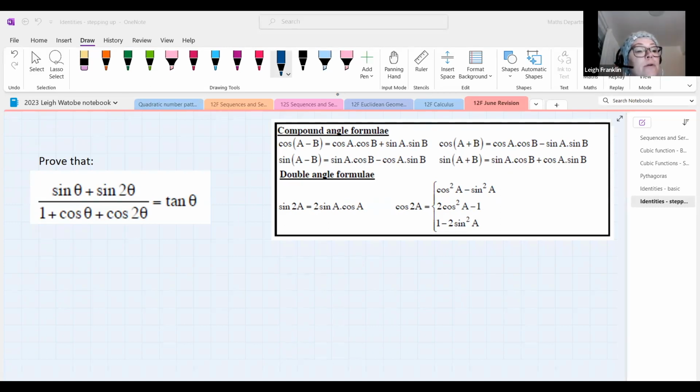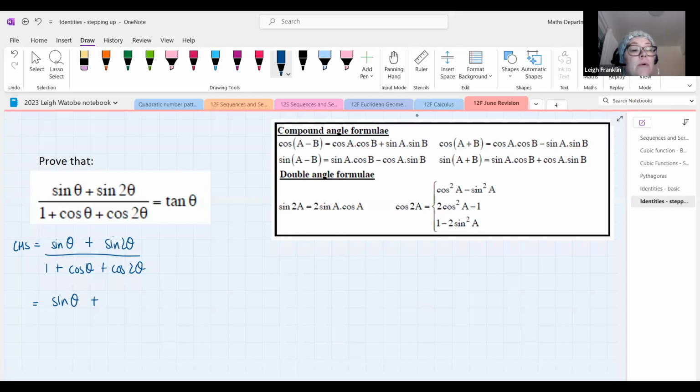Okay, so on the left-hand side, we've got sine theta plus sine 2 theta. And in the denominator, we've got our 1 plus cos theta plus cos 2 theta. So the only thing that we can do in the numerator is use our double angle formula.